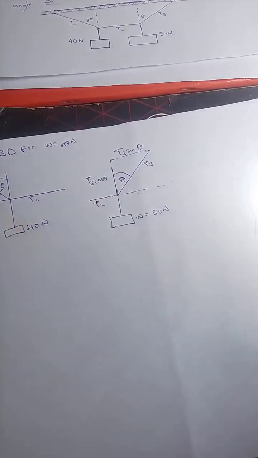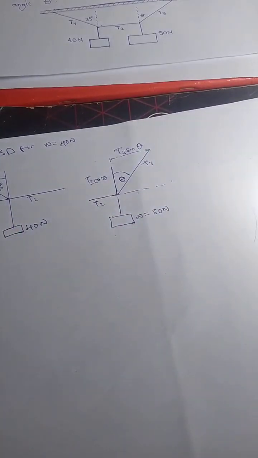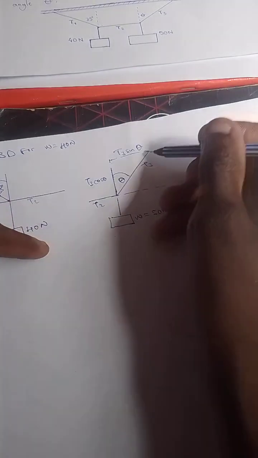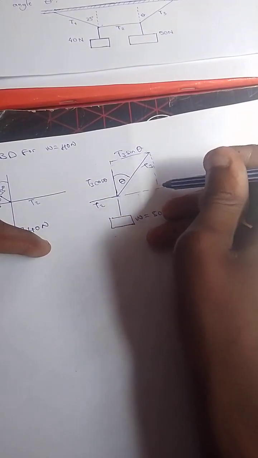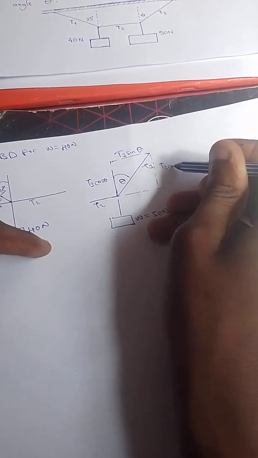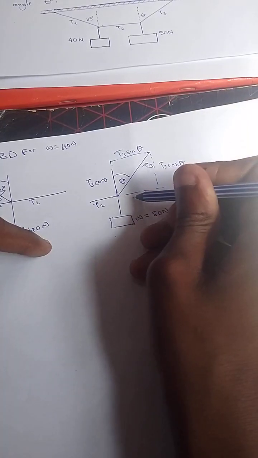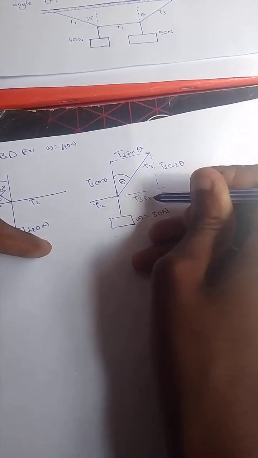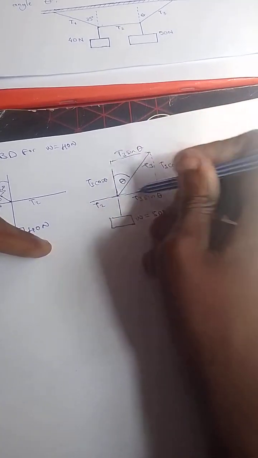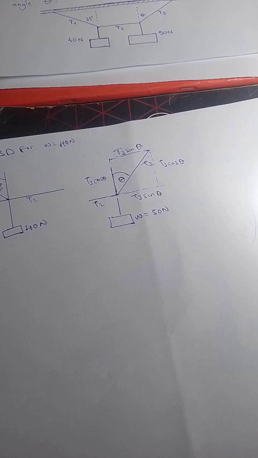So whatever I have here is the same as T3 cos theta, since these sides are the same, and also here I will have T3 sine theta, since this side and this side are the same. So that is my free body diagram.